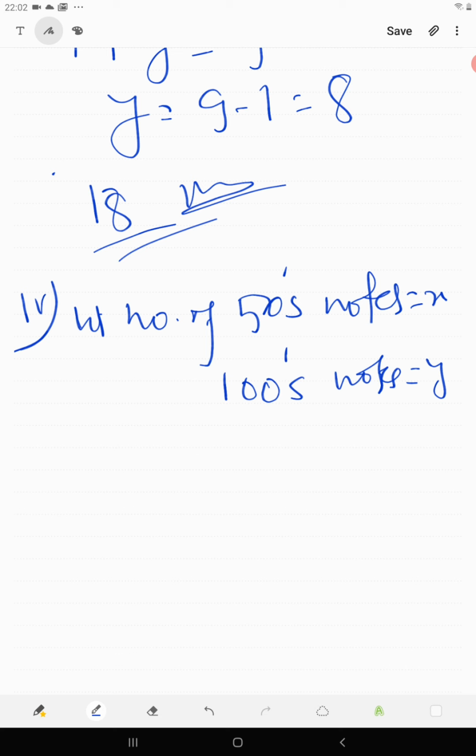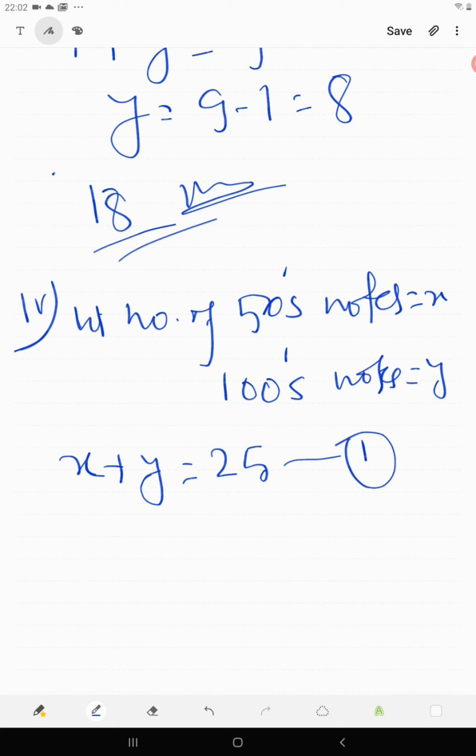If you add x plus y, the total number of notes she has is 25. So x plus y equals 25. This is the total number of notes, not the value. This is our equation 1, suppose.